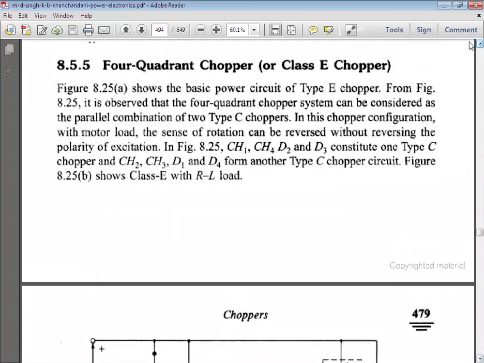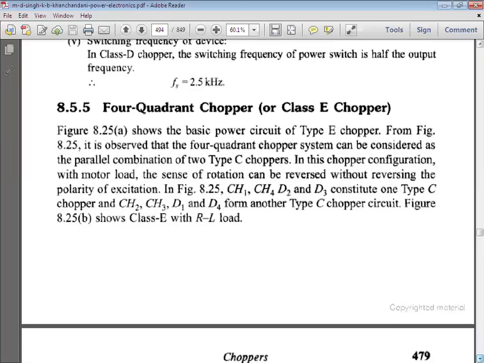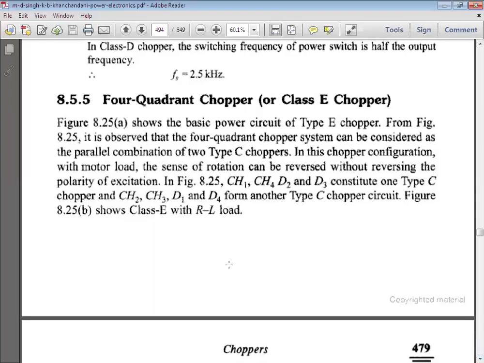Now we will switch to the 4 quadrant chopper, which is the class E chopper or type E chopper. This is very interesting to see. A 4 quadrant chopper system can be considered as the parallel combination of two type C choppers.